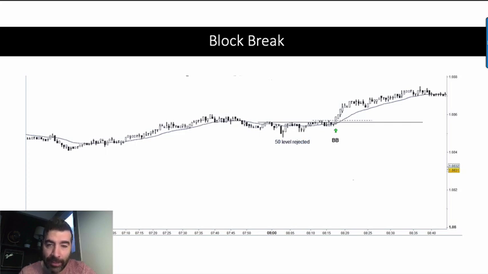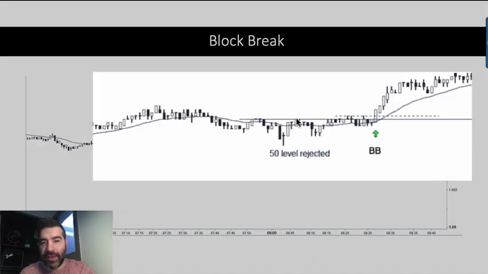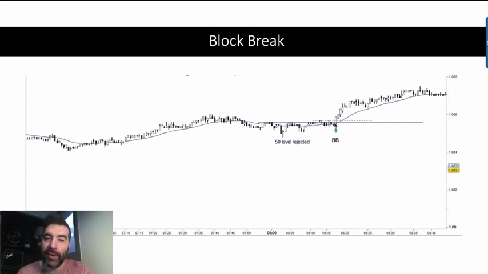So a block break is like you see, the market's going up, and then it makes this top, and there's again the same pressure going to the top, and the moving average is pushing it out, and then boom, right on the exit with the EMA with all that pressure, you trade up, and you go for 10 pips or so.